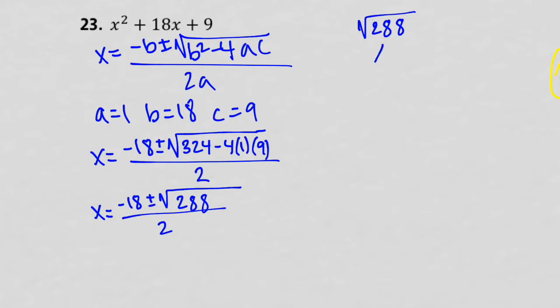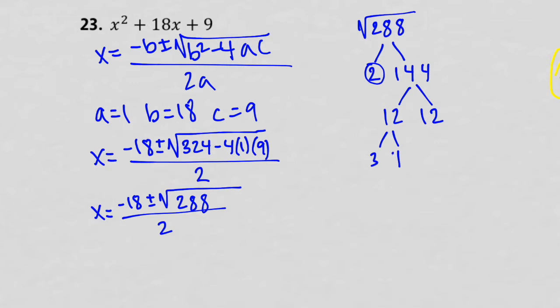So what I'm going to do is I'm going to break down the 288 into... what goes into it? Well, for sure 2 because it's an even number, right? So 2 and 144. Done with that. 144 is 12 and 12. I know that's a perfect square. You could actually stop there already because you see that there's a 12 and another 12, but I don't think you guys are used to that, so let me go ahead and continue.